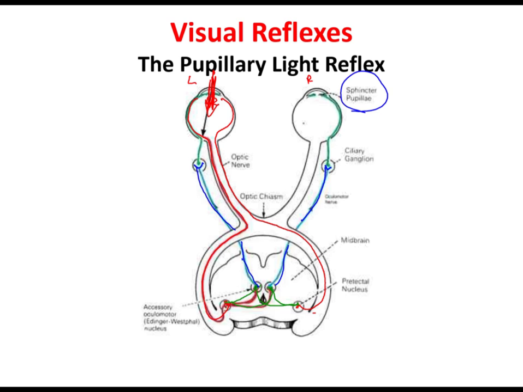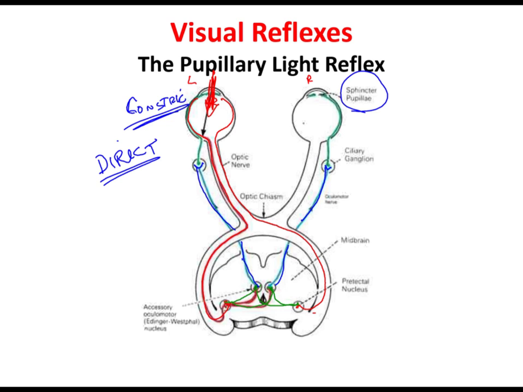So from shining light in the eye, the pupil on the left eye will constrict. So if we shine light in the left eye, the left pupil constricts, and that's known as the direct response.